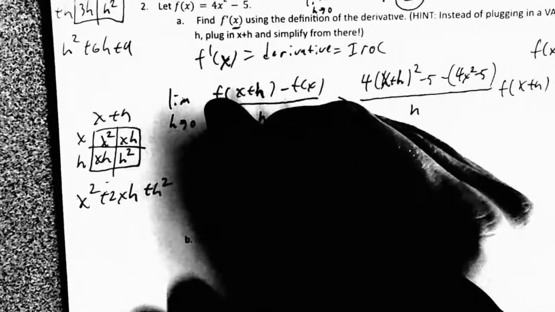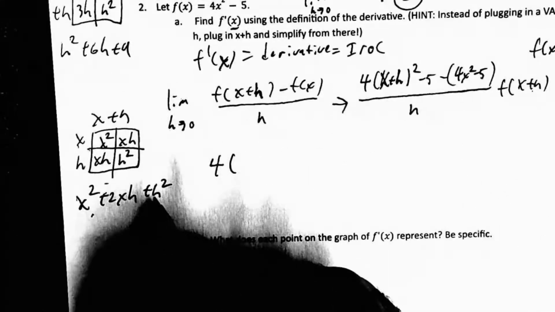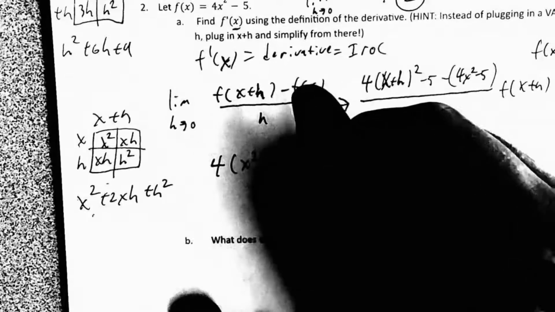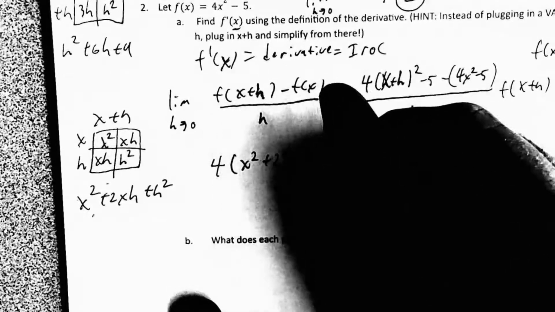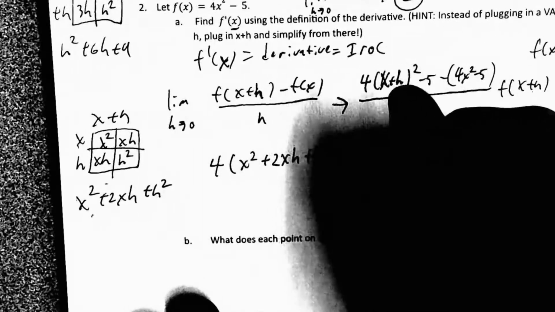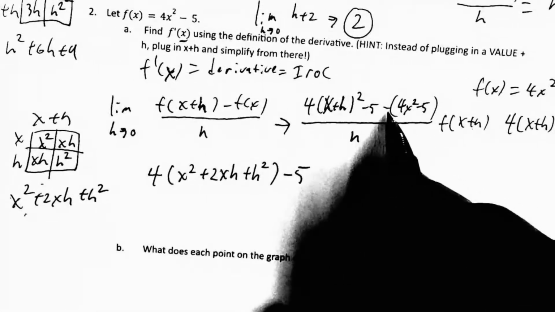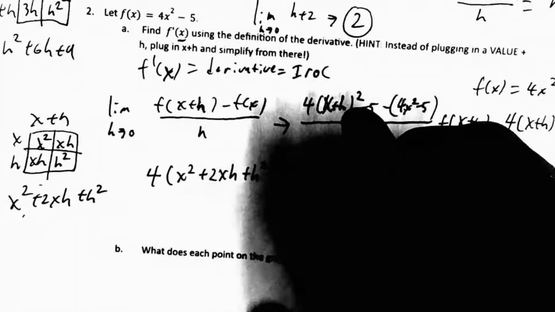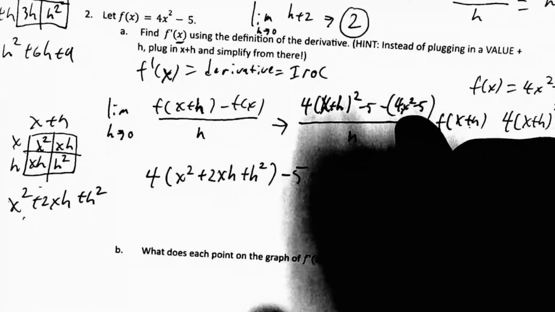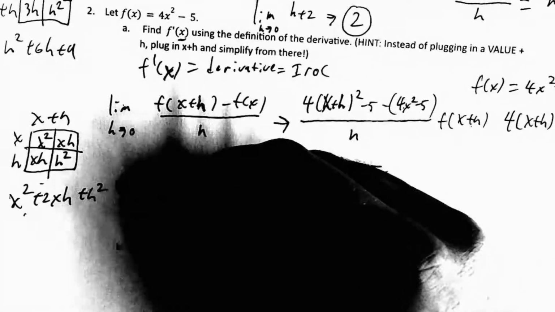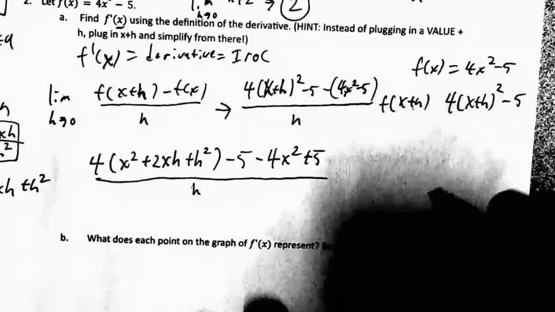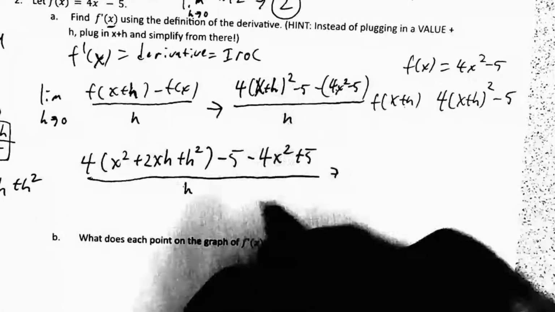So that's going to be 4 out front, and then I'm going to replace that x plus h squared with this, x squared plus 2xh plus h squared. The minus 5 stays. And then bring down minus 4x squared right here. And then minus negative 5 is plus 5. All over h.